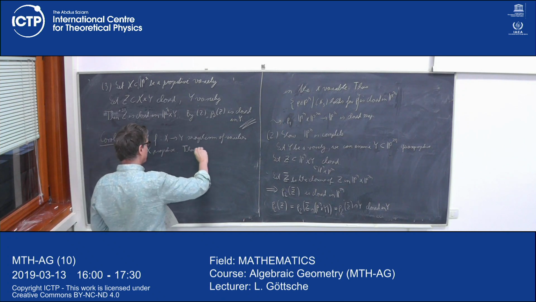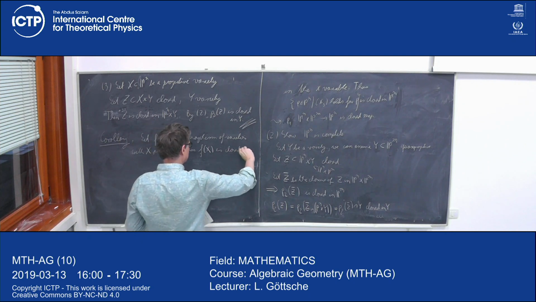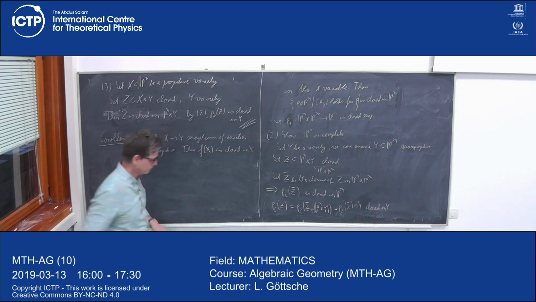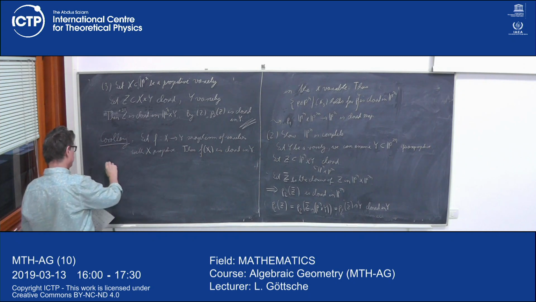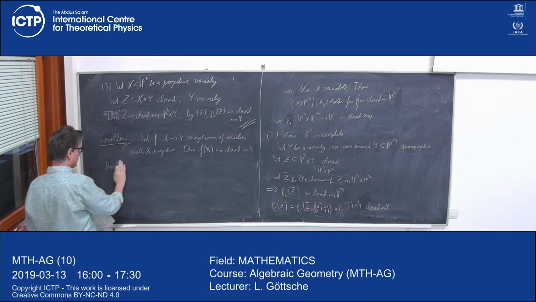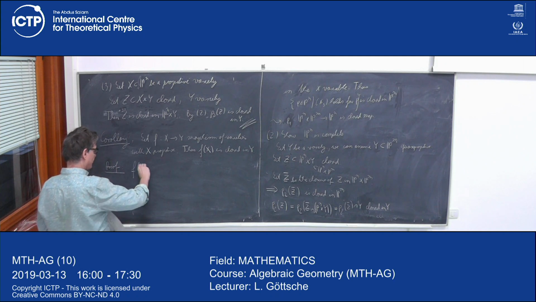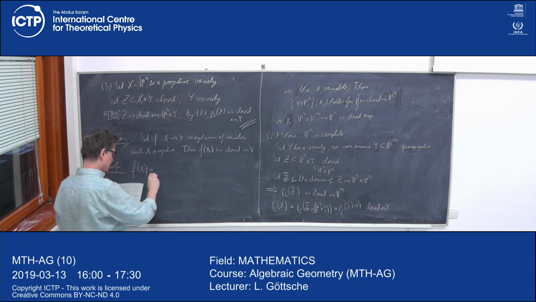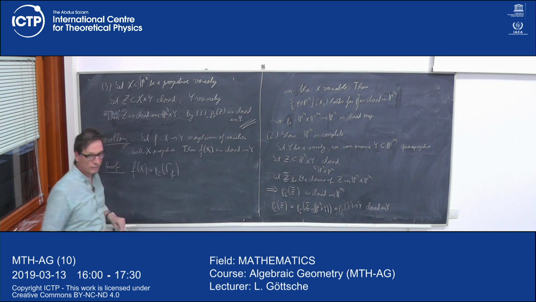Then f of X is closed in Y. And as I said, it is clear that the image of X is just the second projection of the graph of f.